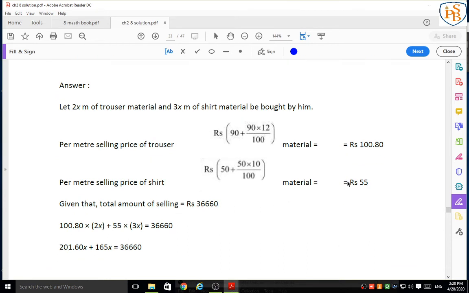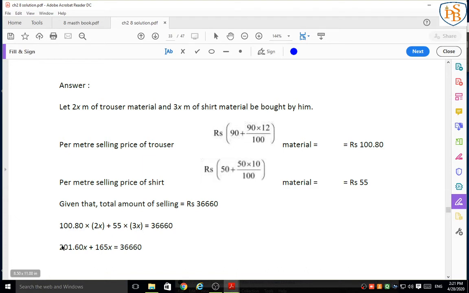And the total amount of selling is rupees 36,660. Okay, so the selling price is 100.80 for the trouser, and we select trouser material 2x meter. So 100.80 into 2x plus the per meter selling price of shirt is rupees 55, and we select 3x meter cloth. So 55 into 3x is equal to 36,660.